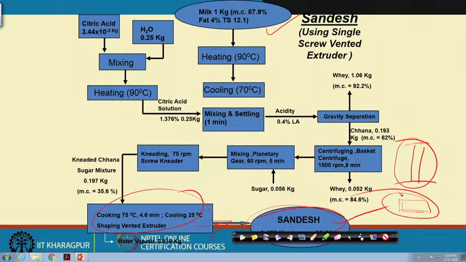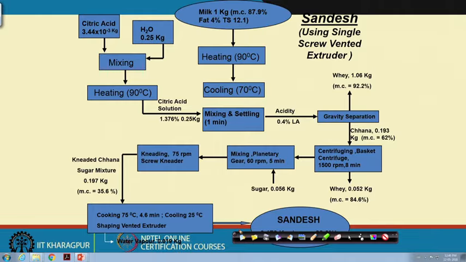Right from this up to this preparation, the entire thing was automatic and no hand was put in between, and that is why the shape was cylindrical. The taste was as good as sandesh, and storability was also a couple of days, because moisture is very high, sugar is very high, right.